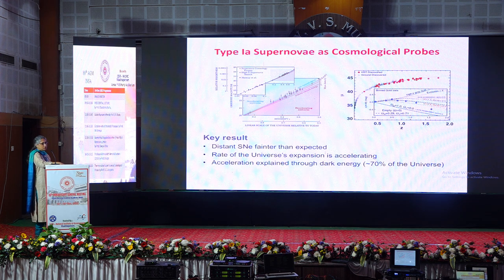So essentially what was observed is that the distant supernovae, the ones at the higher redshifts, particularly at the time when this study was done, which gave rise to the Nobel Prize, there were two different groups doing a systematic survey of supernovae and observing these type 1a.